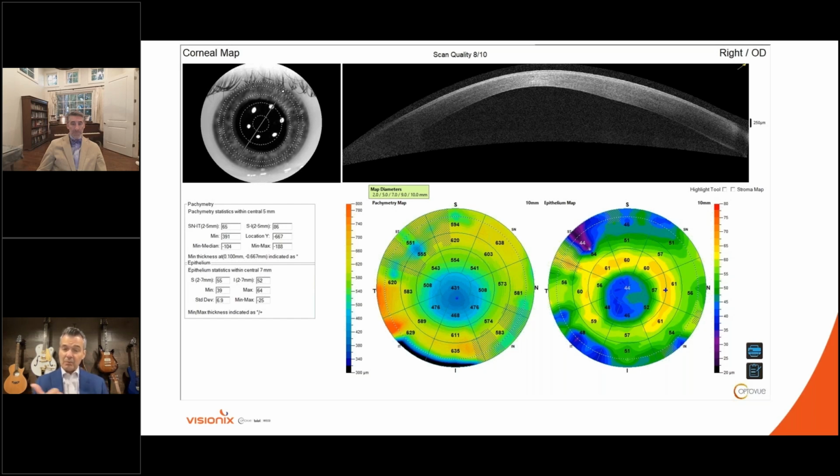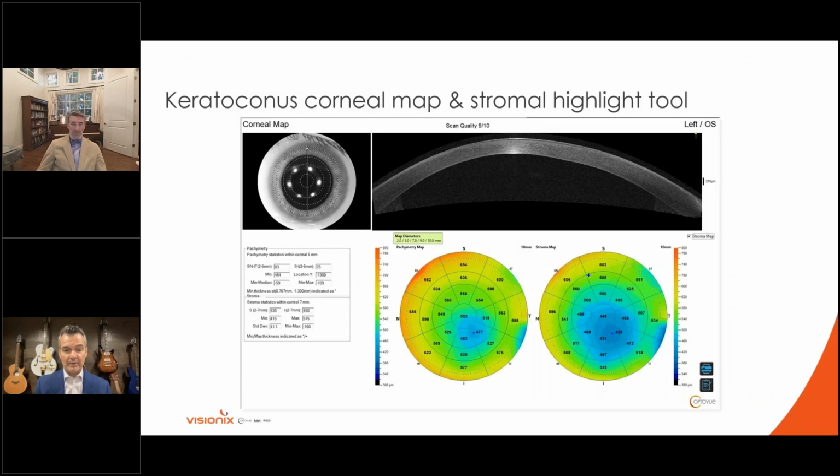But when you look at the right-hand side of the screen, you can also see centrally that as the cone becomes more severe, you'll actually start to see epithelial thinning as well, typically where the thinner region of the total corneal thickness resides. And in some of these individuals, you'll also see a donut of thicker corneal epithelium surrounding that region centrally that's of the thinner corneal epithelium.